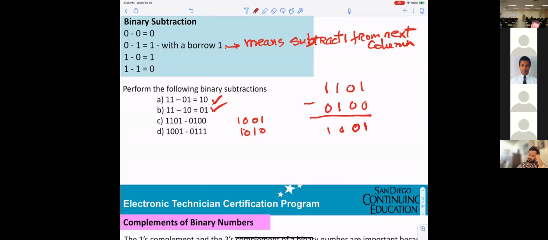That's number 9. Oh, sorry, teacher. This is the answer of letter D. Letter C.